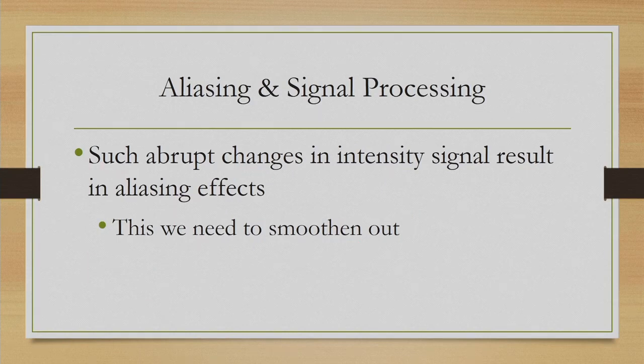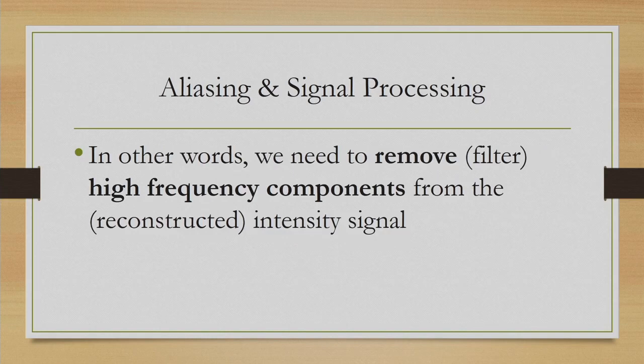Now, because of those high frequency components, such abrupt changes, we get aliasing effects. So we need to smoothen out those aliasing effects, and how do we do that? By removing or filtering out the high frequency components from the reconstructed intensity signals. If we do not do any additional operations, the reconstructed signal will have both high and low intensity, which will result in distortion.